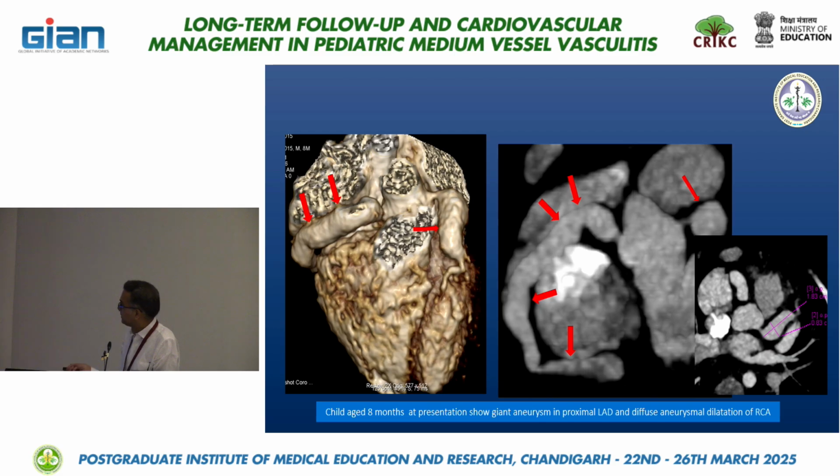As has been shown by sir previously also, there may be one coronary involvement like RCA in the previous case, or there may be both coronaries involved like RCA and LAD in these cases, and it is the fusiform dilatation involving the proximal, mid and distal segment. And the measurement of this, like the giant aneurysm, is more than 8 millimeter, particularly in children.